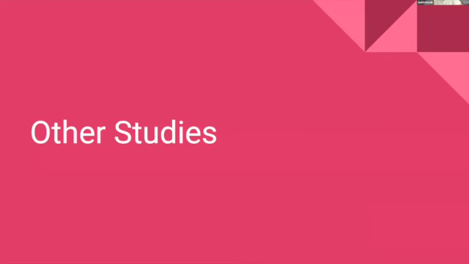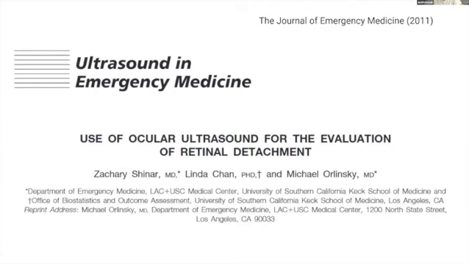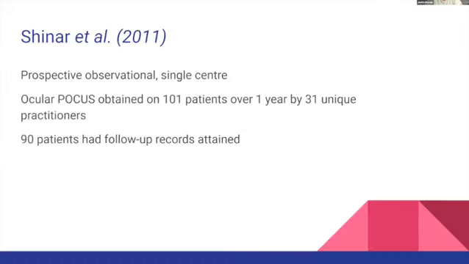A quick review of some of the other studies. There's this one here that preceded the study that we're talking about by 8 years. Basically, it does a very similar kind of study protocol. It's a prospective observational study that was at one single center. They had POCUSs obtained for 101 patients over 1 year with 31 unique practitioners.